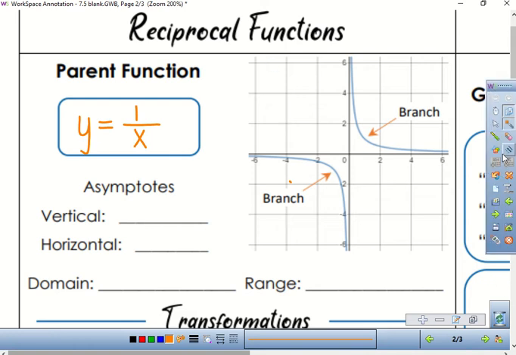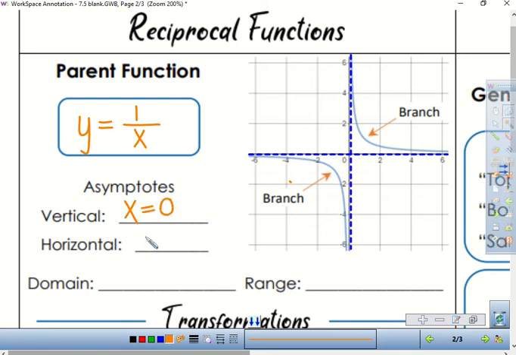I can see here that I have a horizontal asymptote and a vertical asymptote. The equation for my vertical asymptote is x equals 0. And what would be the equation of my horizontal asymptote? Good, y equals 0.